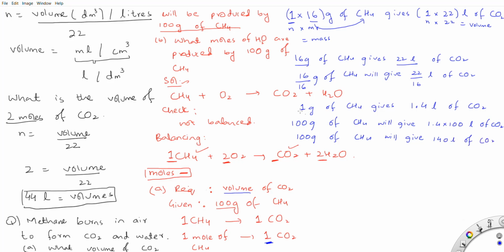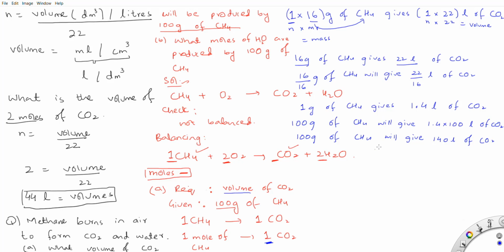What I have done is divide 16 by 16 in order to make this 16 into 1. When I know 1 gram of methane gives this many liters, I can calculate liters of carbon dioxide for any given grams of methane. I hope this video clears your concept about stoichiometric analysis.